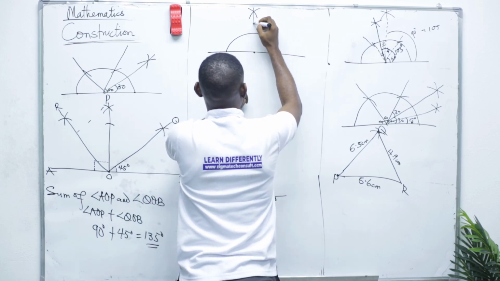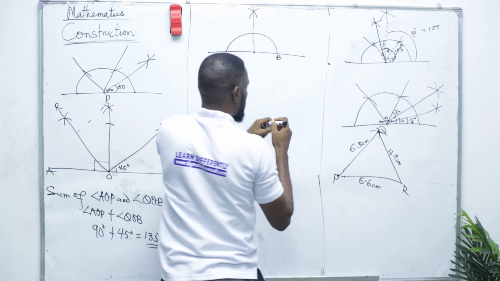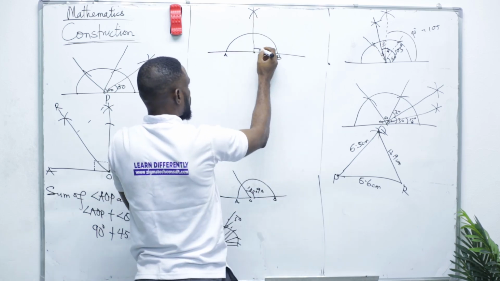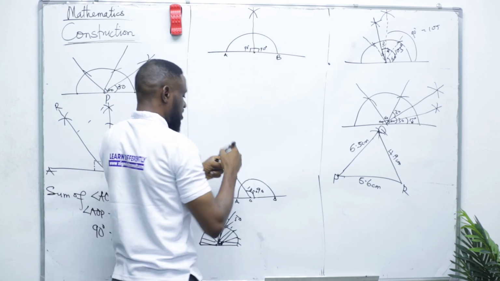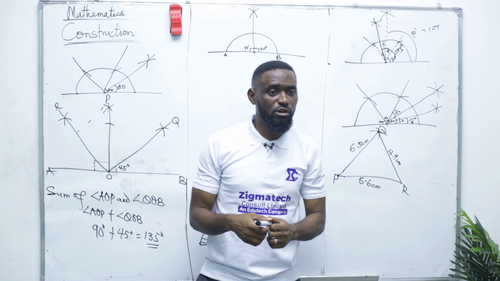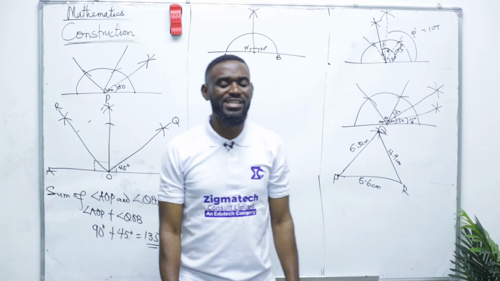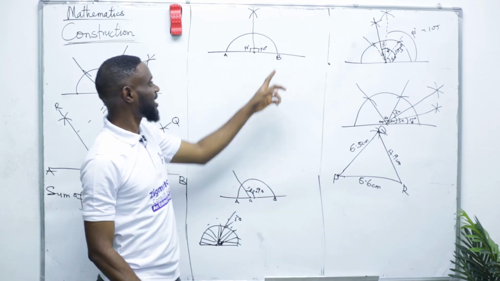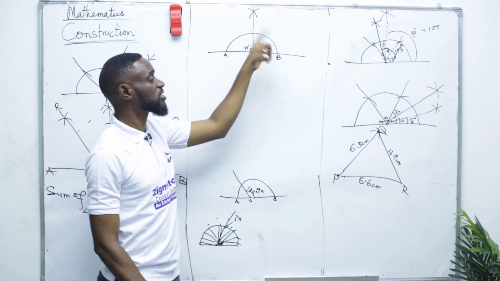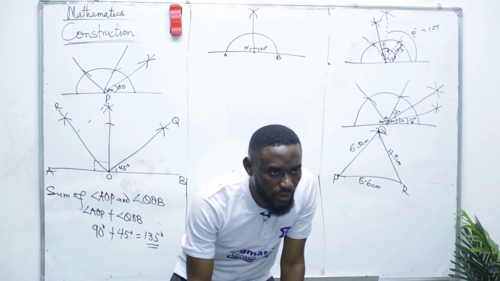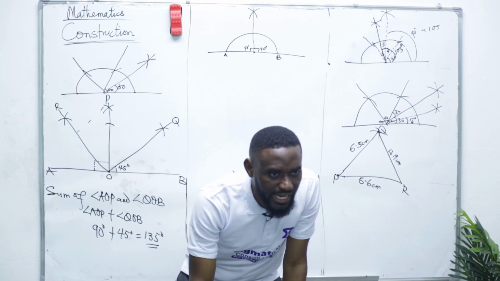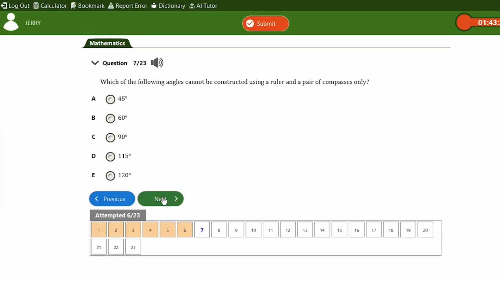So you bring it down. This thing we have just done is 90 degrees, and this one also is 90 degrees. So the question says, to construct angle 90 degrees, you will need to bisect what angle? You bisect 180 degrees. Semicircle is 180 degrees. So we bisect 180 degrees. Is that okay?